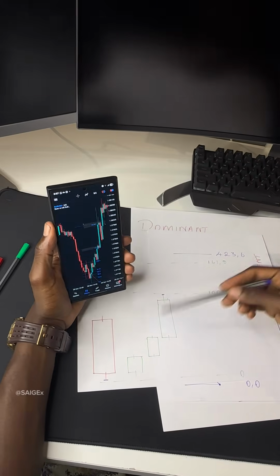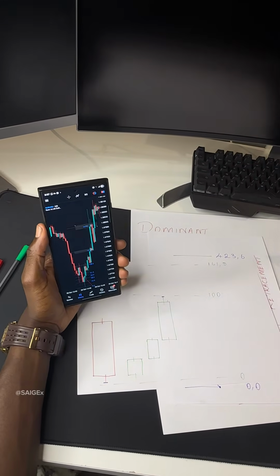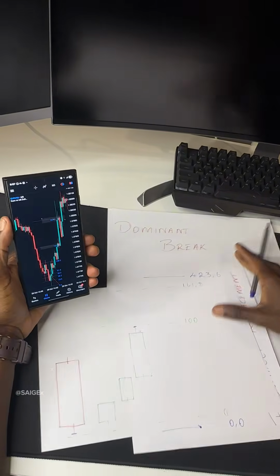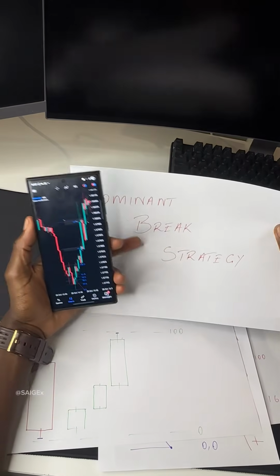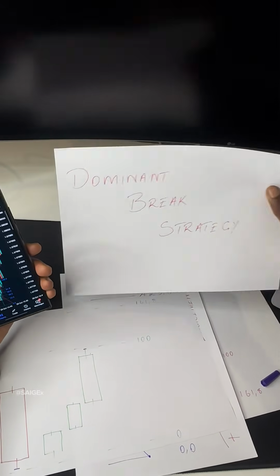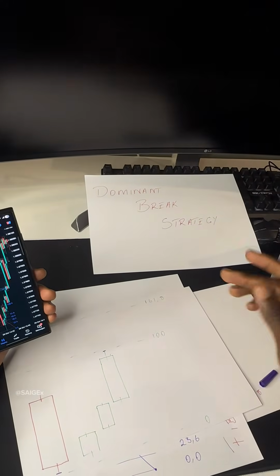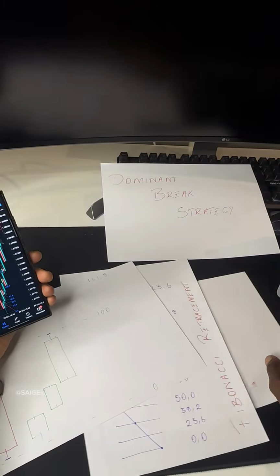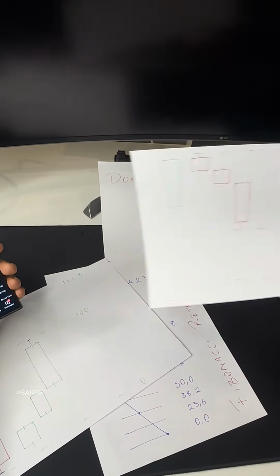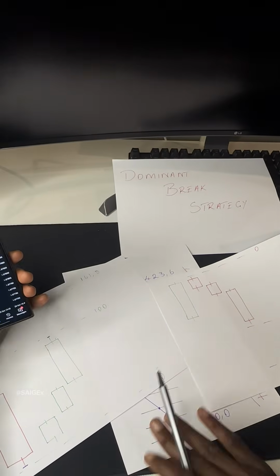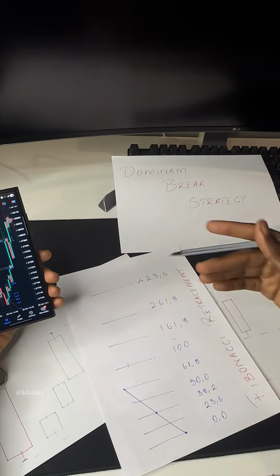So I hope you understood this strategy. So let's just do a quick recap of everything so that we can summarize. We were talking about a dominant break strategy for newbies, for beginners, the easiest strategy to understand. And we learned that we have a dominant break buy, which is this one, and a dominant break sell, which is this one. A dominant break sell gives us sell positions, a dominant break buy gives us buy positions, and our Fibonacci looks like this.